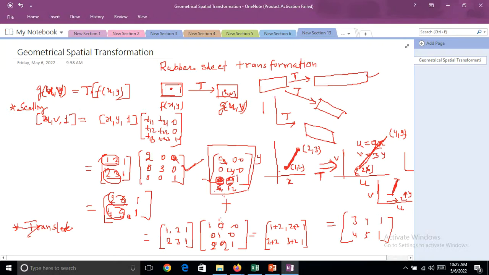So the diagonal element, or you can say that if you have 3 by 3 matrix, this operator T, then the first 2 by 2 is used for scaling, and third row these two value for shifting, like translation. Okay, and the third column value only maintains the constant term.